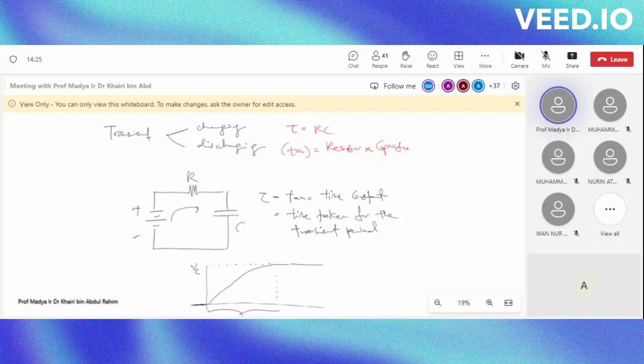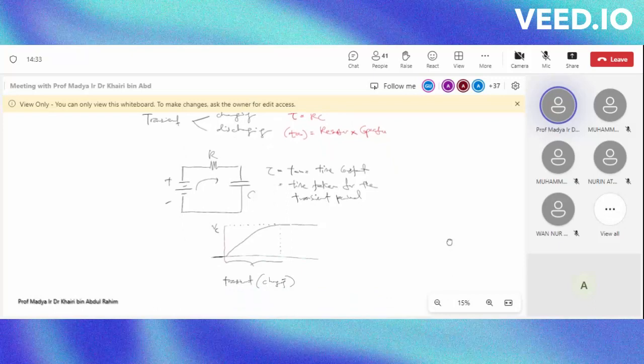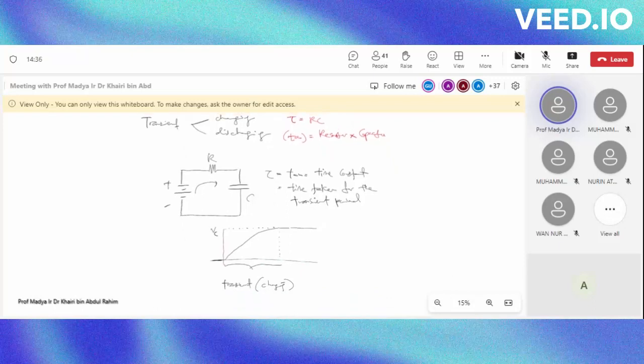Okay. So in this case, charging phase. Okay. Discharging, you will have something like that. Okay. So this is tau, right?